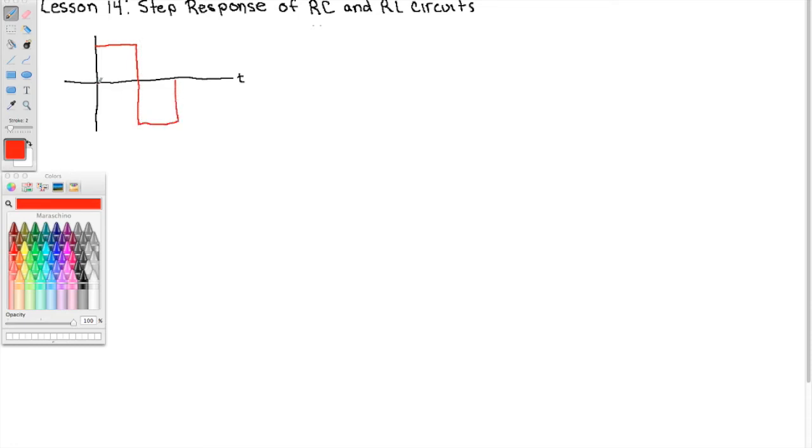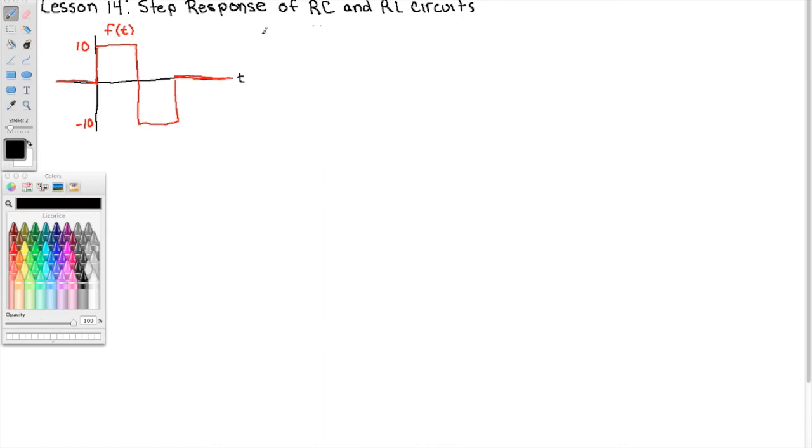It looks like this. So it's 0 here, then it's 10 here, 10 units, whatever the units are. Then it drops to minus 10, and it comes back up to 0. Here's our function. We're going to call this f of t.